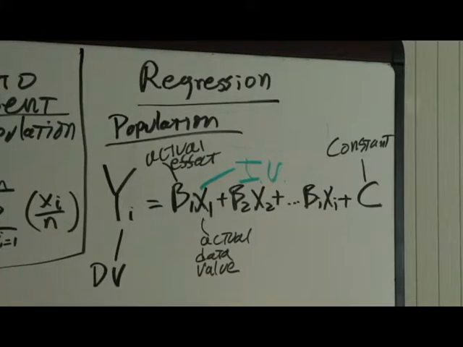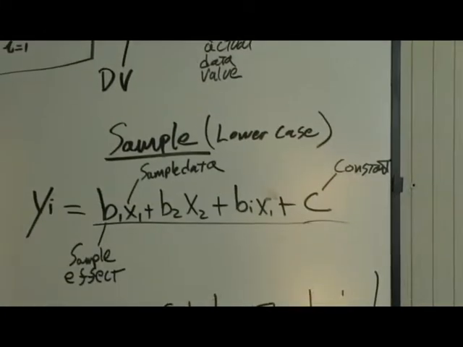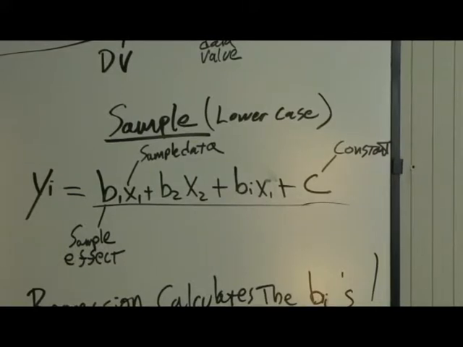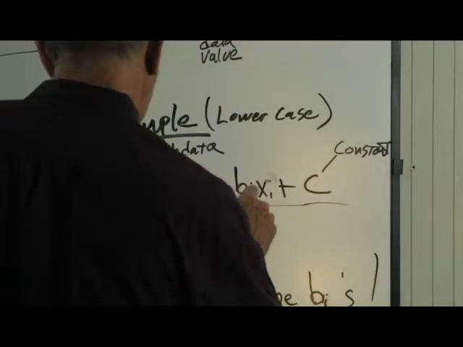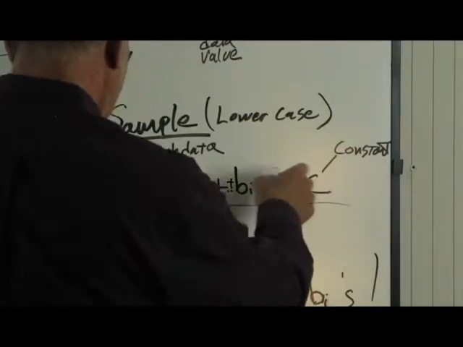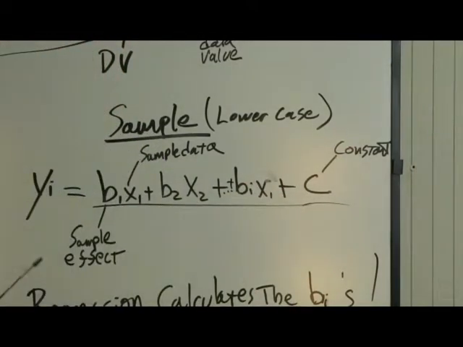The sample is very corresponding now to the population, only we're using lowercase letters and we're not using Greek letters. So small y sub i equals small b1 times small x1 plus b2 x2 plus dot dot dot plus bi xi plus the constant.